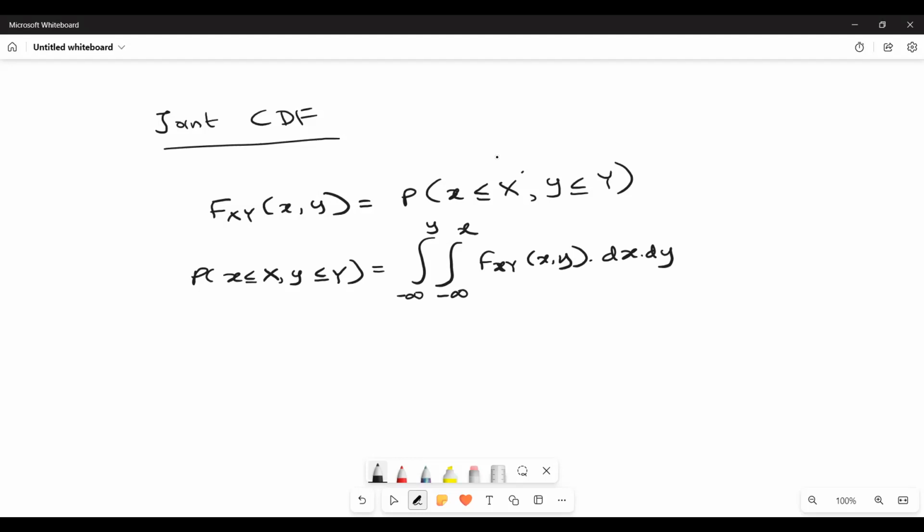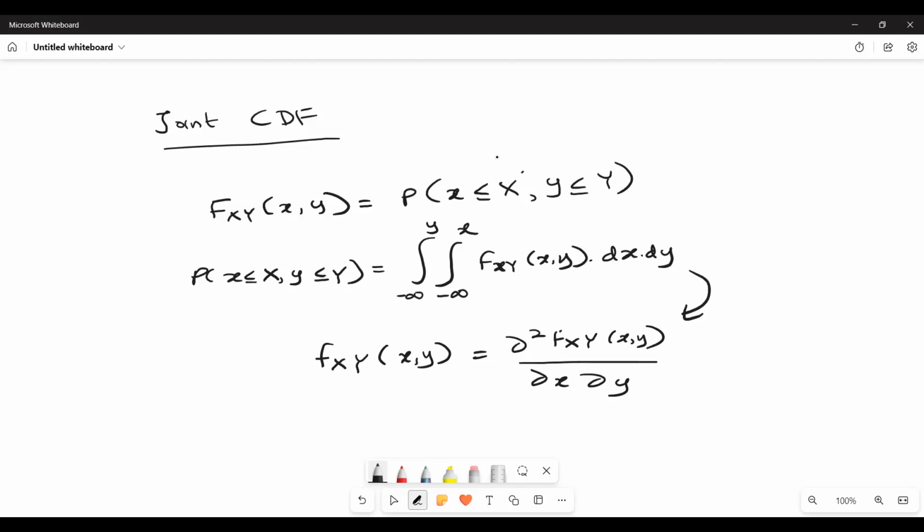This one we can also denote using differentiation in this manner. Same concept. If I consider the differential form of this integration, I can write it in this second manner.